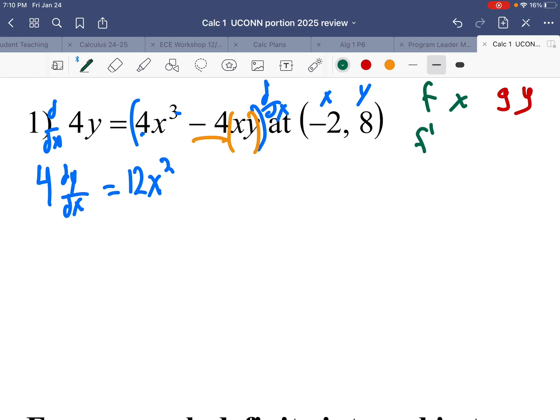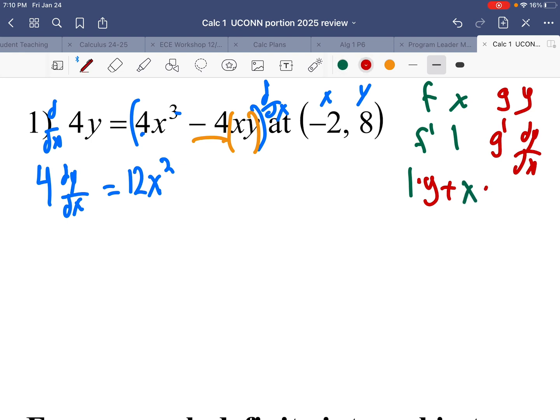So when I'm looking at f prime, that's just going to be 1, where g prime is going to be dy/dx. So if I'm doing the product rule, it's like f prime g plus g prime f.